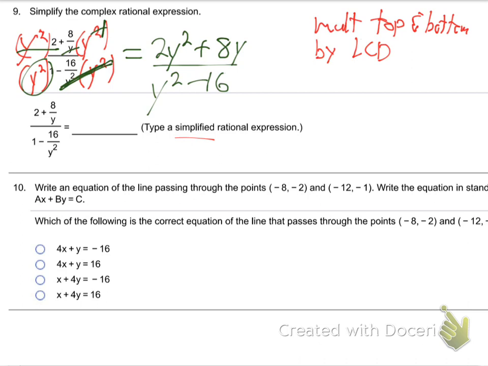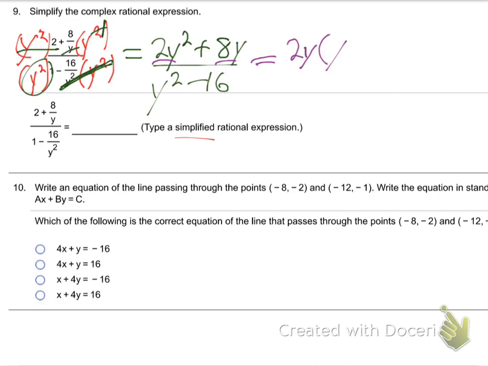Now it's a regular fraction, right? Instead of fractions over fractions. Now, can we do any more from there? Yeah, actually we can. The top, we can take out what's in common. These two terms have in common 2y. Leaves y plus 4. The bottom, this is a double-double, y, 4, 4.